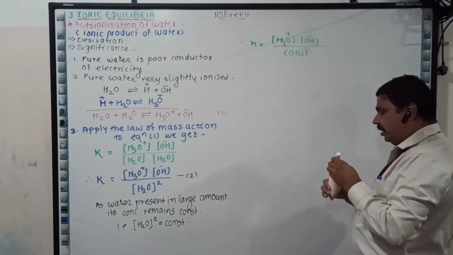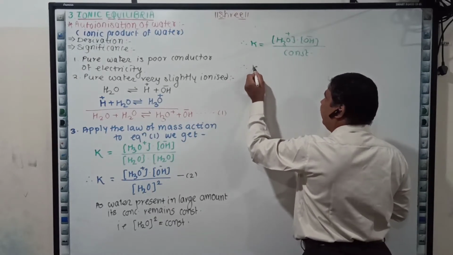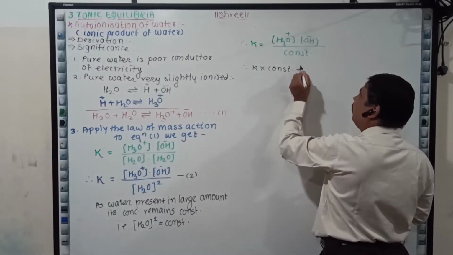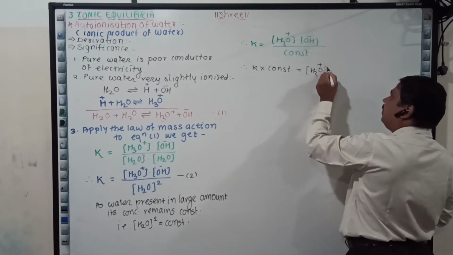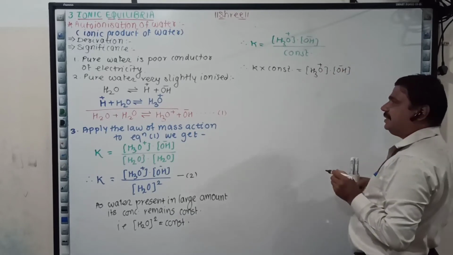Okay, now simplify this equation. We get K into constant is equal to concentration of H3O plus into concentration of OH minus.